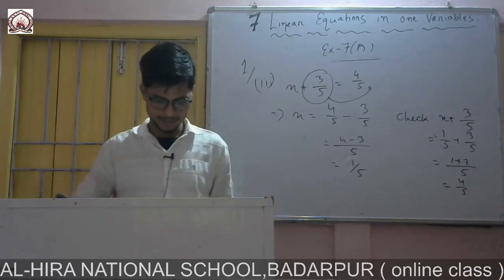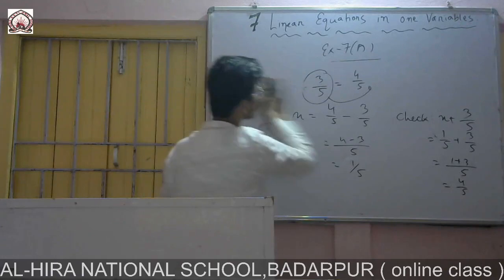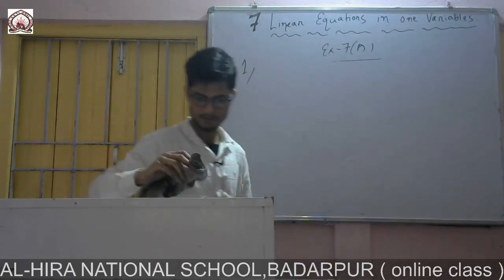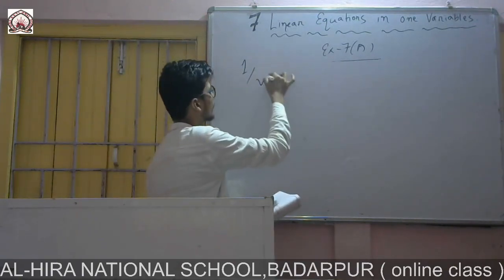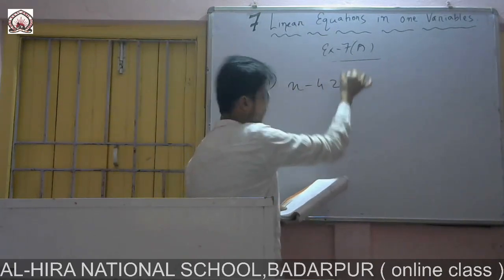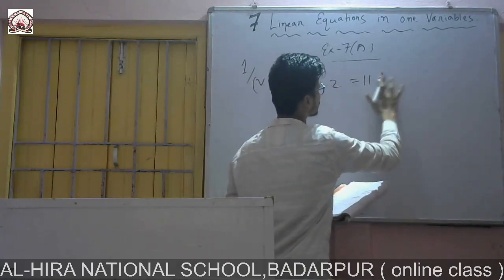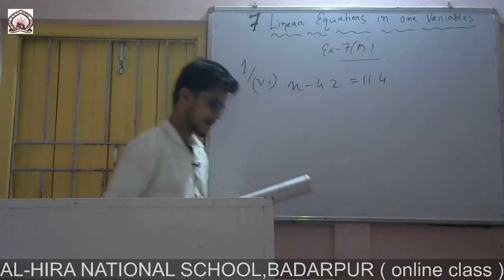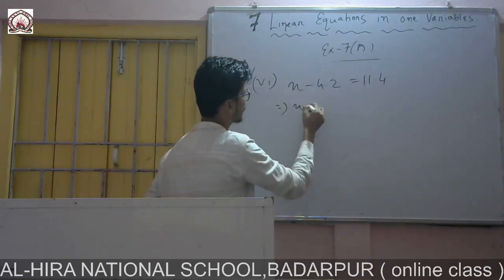Now you see Roman number 6. The question is x minus 4.2 equals 11.4. So simply, it is minus.